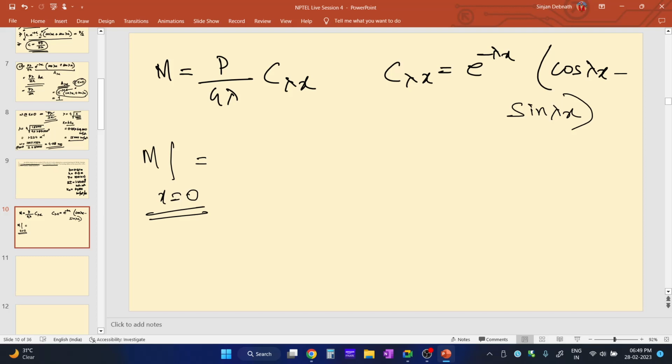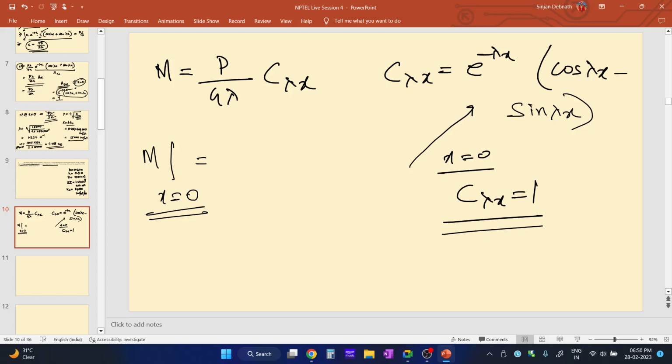If we put x equal to 0 over here, e to the power 0 is 1, so C lambda x will be equal to 1. That means M will be equal to P by 4 lambda. We know the value of P. What is the value of P?